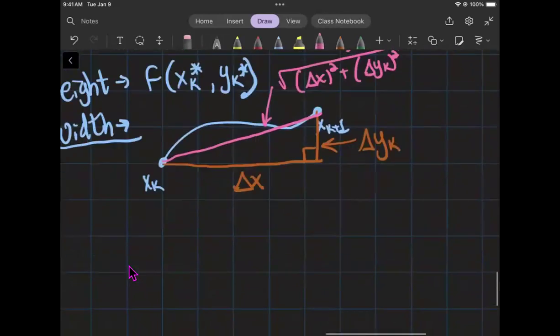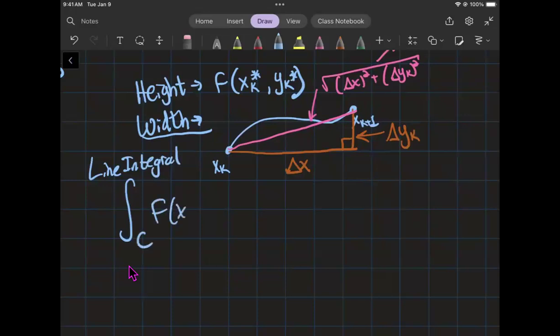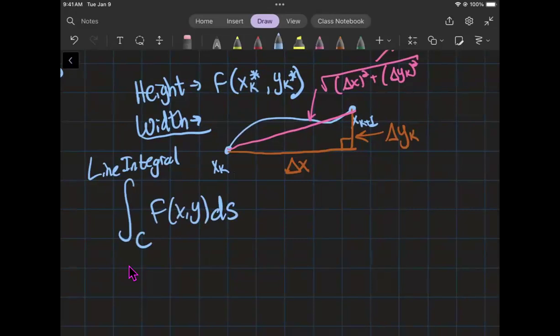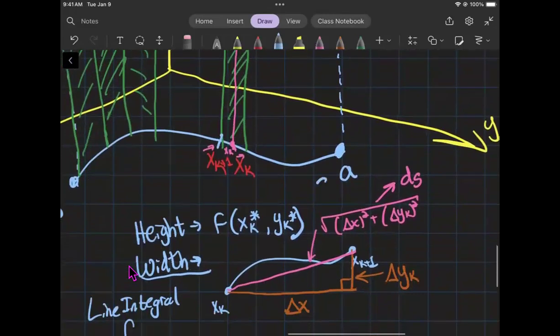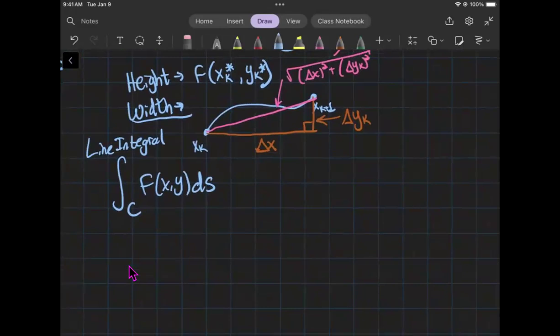And that's essentially what a line integral is. Its notation is the integral over the curve C of f of x, y ds. So we call this curve C here. That's how you would notate a line integral.